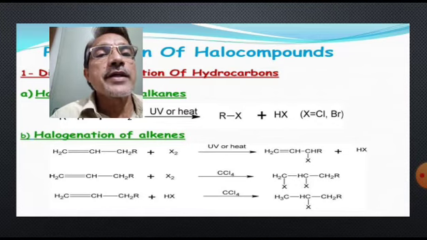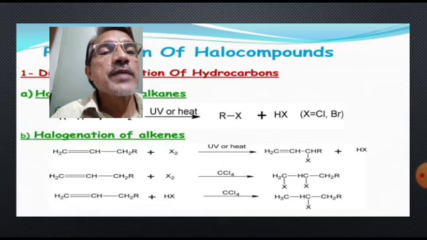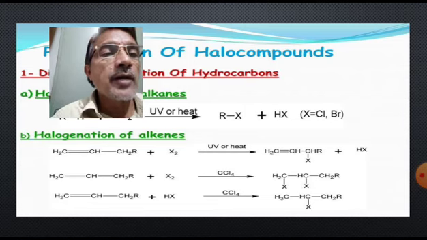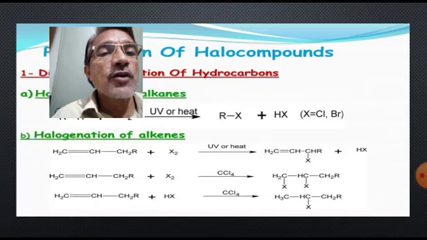Here examples are given. When an alkene reacts with a halogen in the presence of CCl4, we get a different product: 1,2-dihaloalkane is obtained during the halogenation of an alkene in the presence of CCl4.